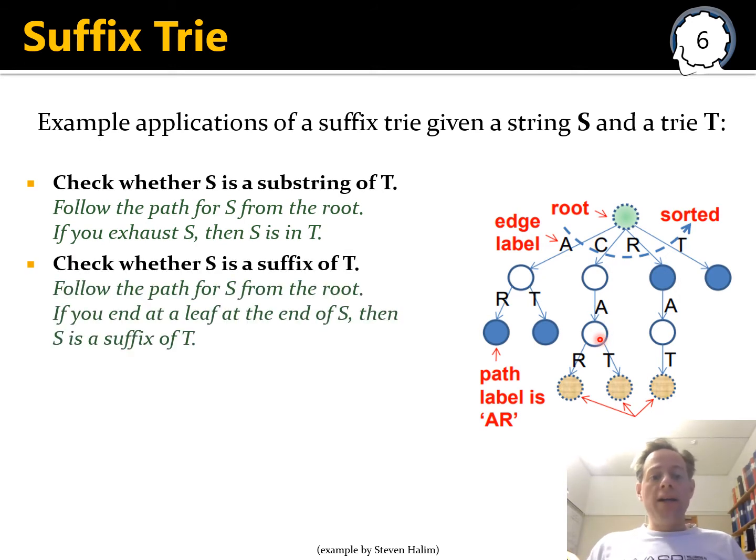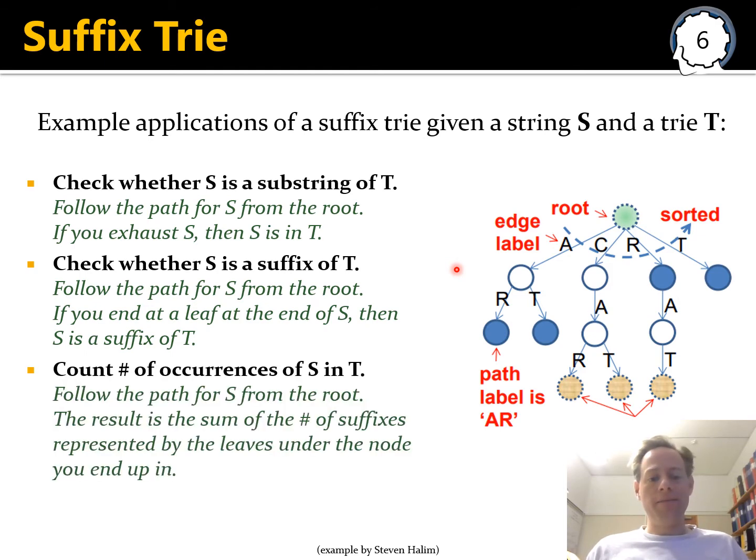We can also check if S is a suffix. So for example, CA is not a suffix, but rather car or cat or at and so on are suffixes. So in this case, we have to follow the word and end up in a leaf node in order for it to actually be a suffix. And maybe more interesting is that we can also count the number of occurrences of a particular string S in this trie.